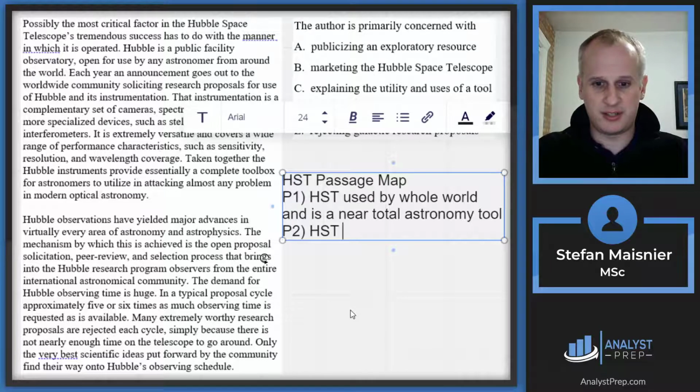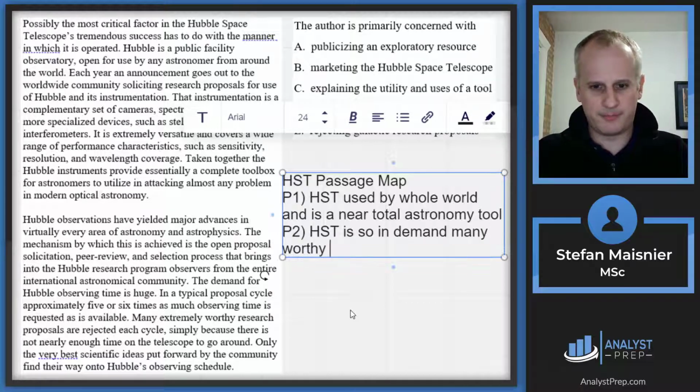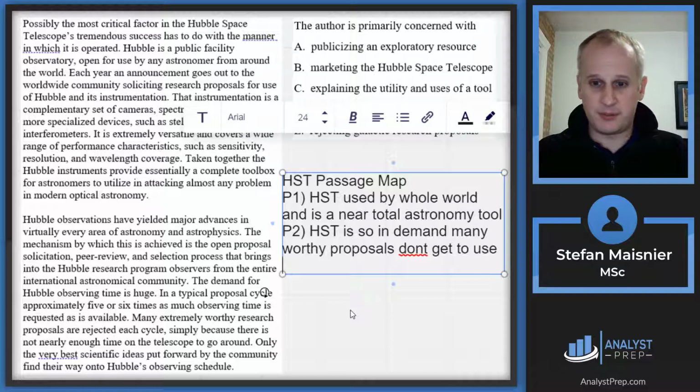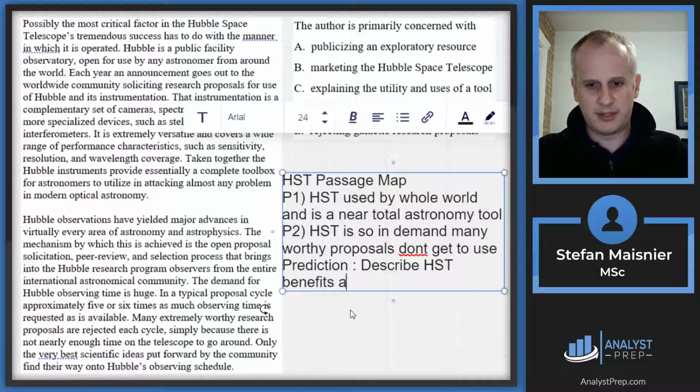So we just say HST is so in demand, many worthy proposals don't get to use. And remember that since we're being asked about what the author is primarily concerned with, we can just have a broad prediction here for ourselves, saying something to the effect of describe the HST benefits and how/who gets to use.